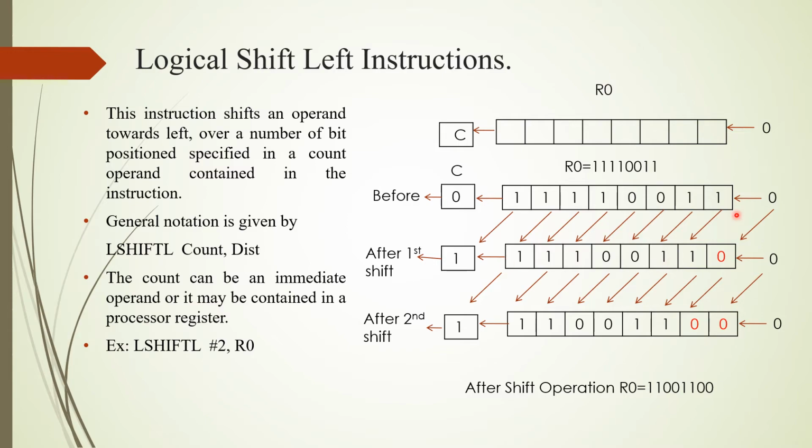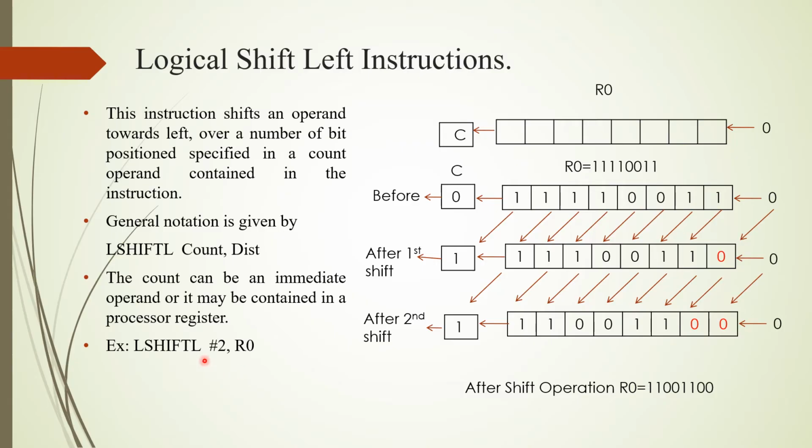The content moves from the LSB towards the next higher bit, and the shift operation takes place like that. The MSB will be shifted into the carry, and a copy of the MSB bit will be present in the carry flag. This is one shift.